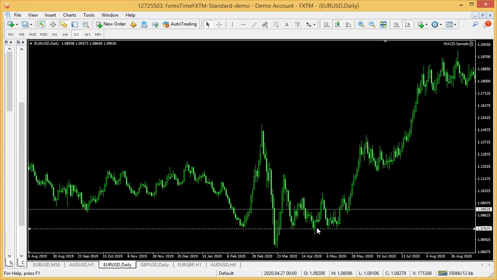And remember, this place is a significant level. Then you spot a tweezer bottom. These two twins are a bullish tweezer. After this bullish tweezer, you look out for the candles that are behind it.